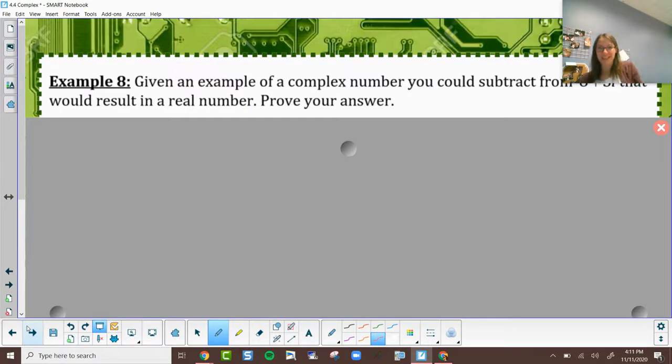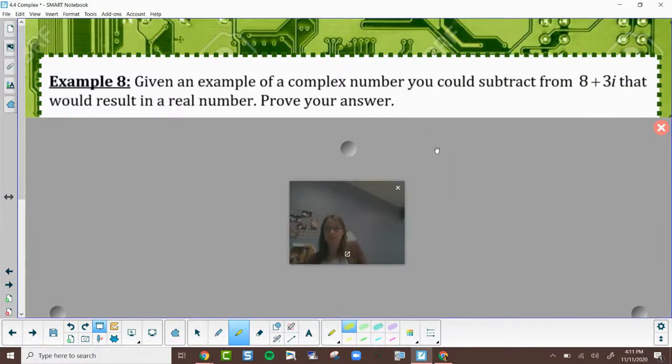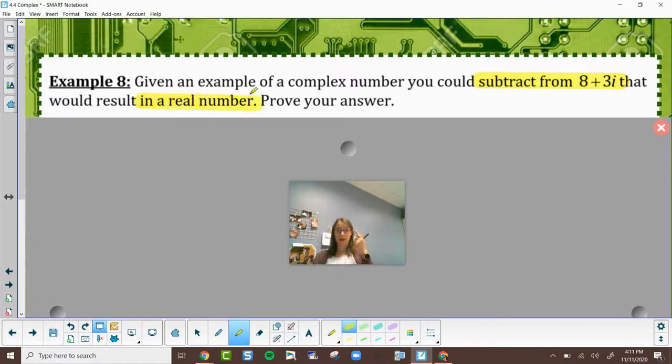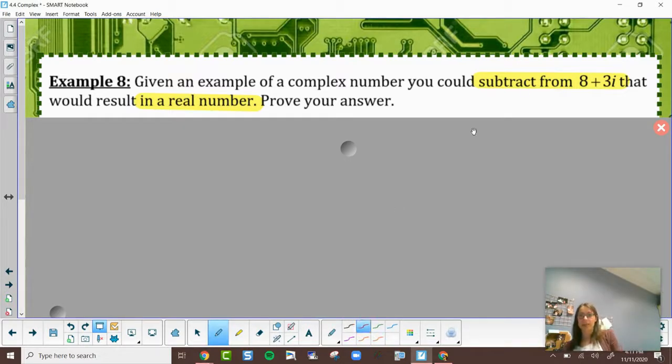I love ones like this where it's asking, could I give an example where I want to subtract something from here and I would get a real number and I need to show that my answer actually works. So on something like this, basically, if I need this to be a real number, I just need to make sure the 3i actually cancels out.